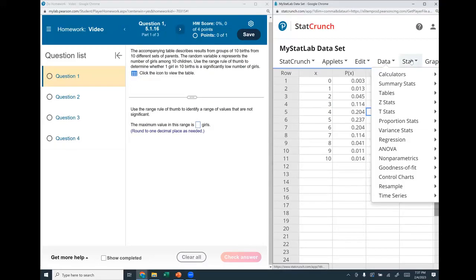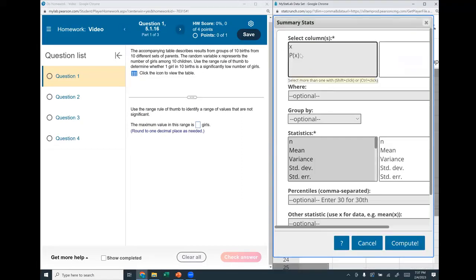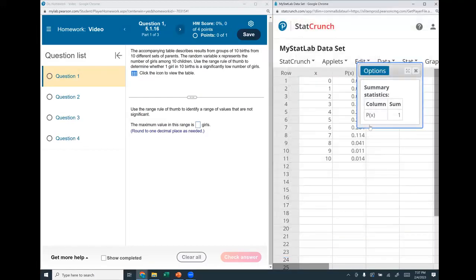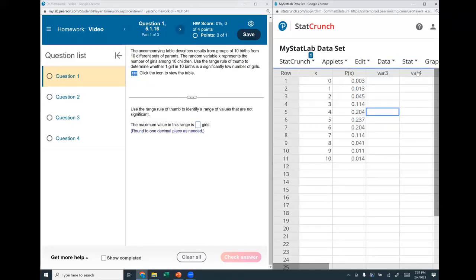Honestly, the first thing I want to do is look at my values. They're all between 0 and 1, so that looks good. I want to go into my summary stats columns, and I want to sum up my probabilities and make sure that it equals 1, and it does.